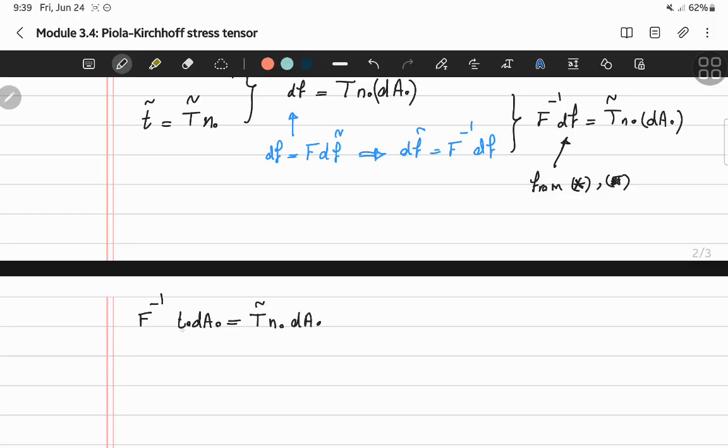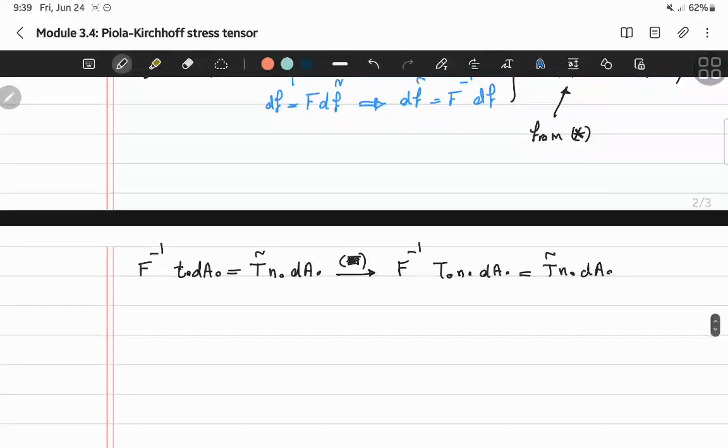And then I replace this df from the square. So I have F inverse, then we have T0 N0 dA0 is equal to T tilde N0 dA0. These are nonzero quantities, so I can get rid of them.